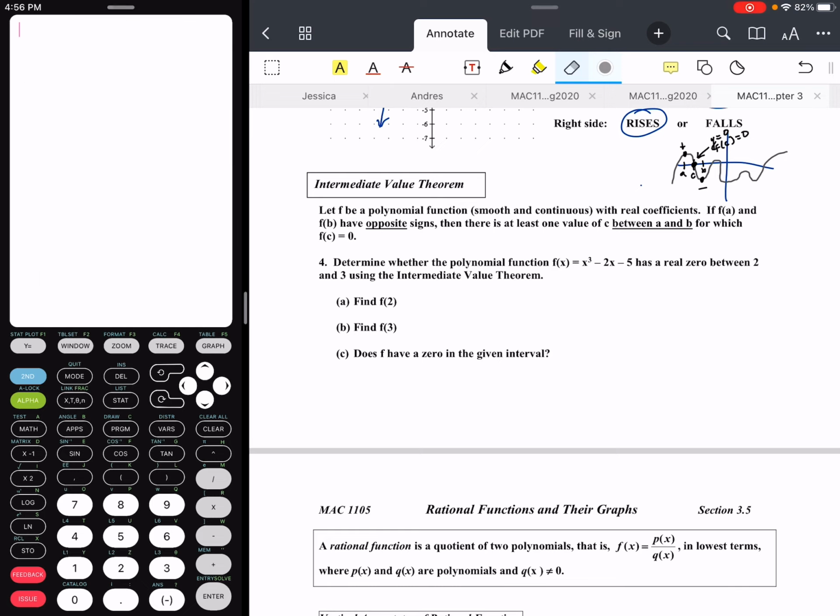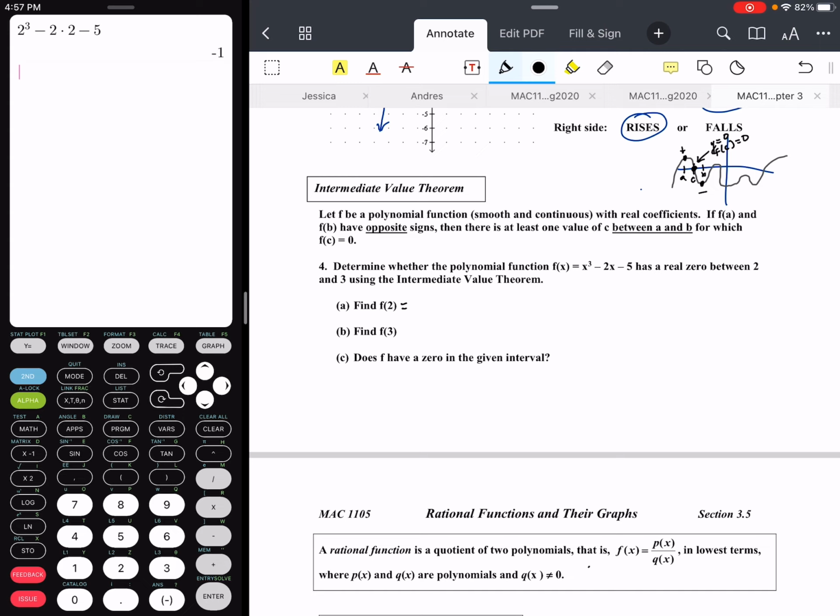Plugging in to our function here, we'll have 2 raised to the 3rd power minus 2 times 2, minus 5. So f of 2 equals negative 1.